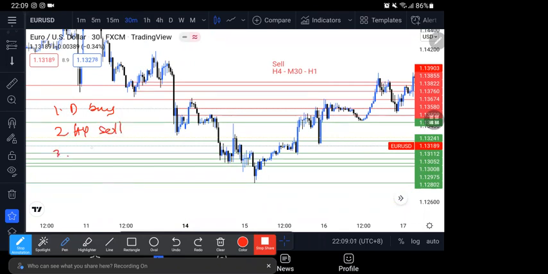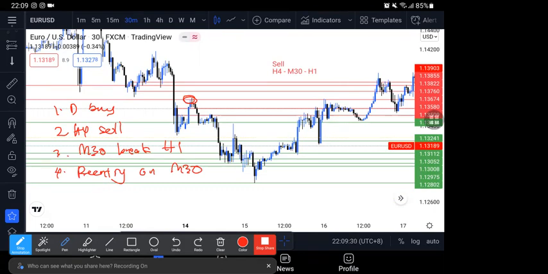The third one, the entity break H1. So what we are doing over here is re-entry on entity. You see how this thing replicates each other.